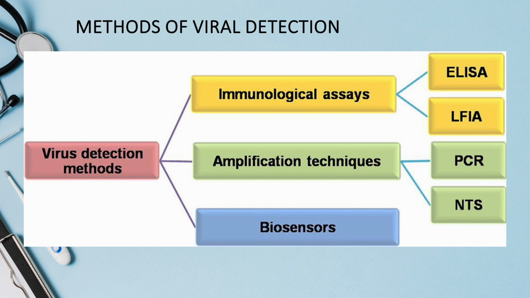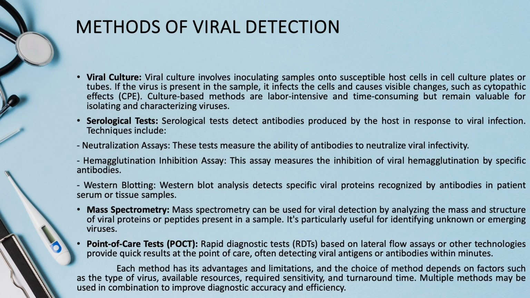This is why one of the most efficient, fast, and useful methods of investigation will be molecular biological methods, of which the most widespread one is PCR, polymerase chain reaction.